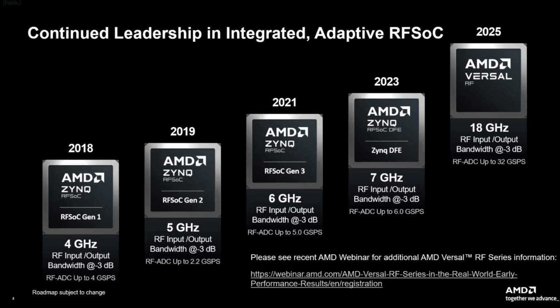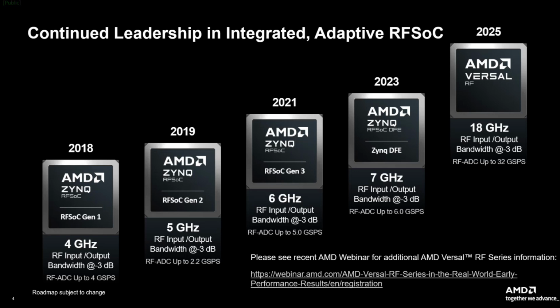So the first product was released in 2018, and it went to an input ADC bandwidth up to 4 gigahertz and an output DAC bandwidth up to 4 gigahertz. The maximum sample rate on that part was 4 gigasample. It was very successful, particularly in the wireless market for the 4G and 5G early deployments. So it's been very successful there in the wireless market.